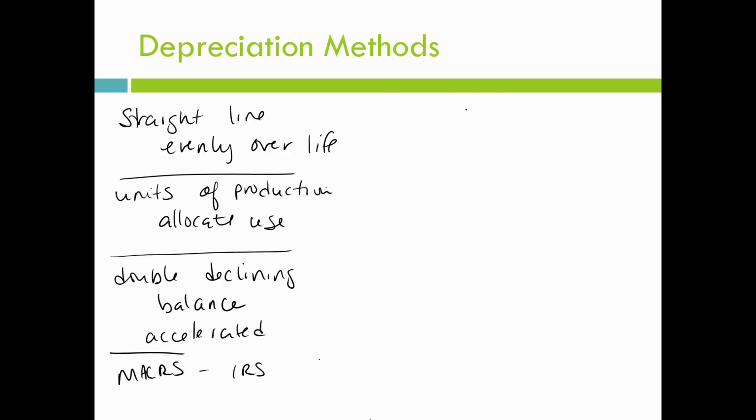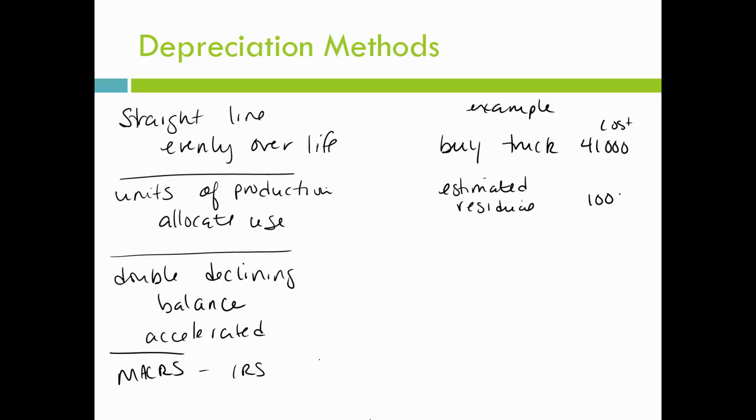So I'm going to use an example in here, and I believe this was the example in the book. I buy a truck that costs $41,000. That's the cost of the asset. It has an estimated residual value of $1,000. So at the end of its life, I think I can sell it or trade it in for $1,000.